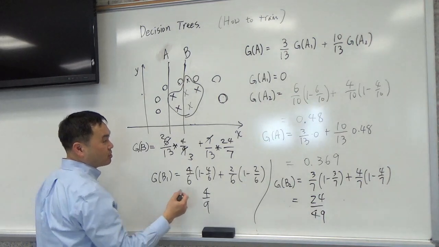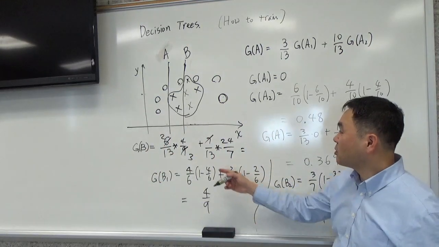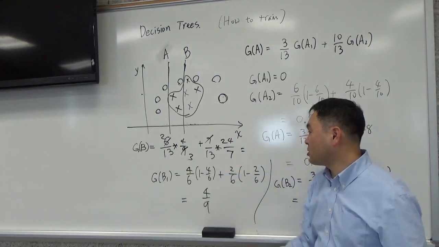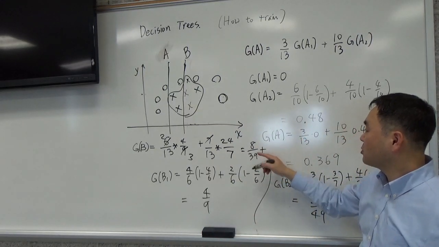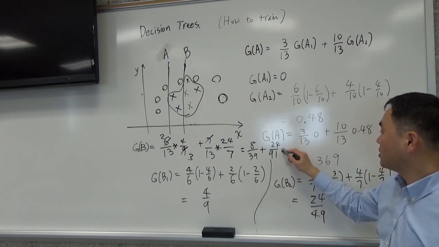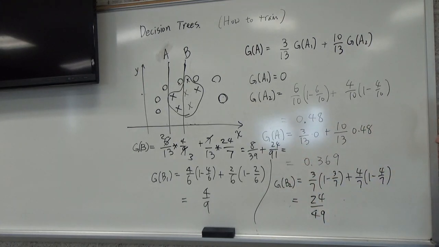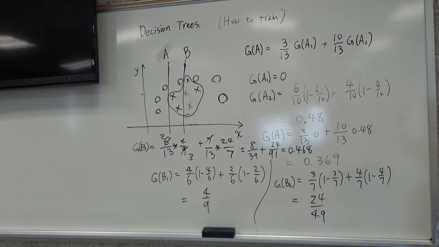Okay, well, what do you get? So what is 8 divided by 39? 8 over 39. And what's 24 divided by 91? What's this value? 0.468. Okay. So, which one wins?